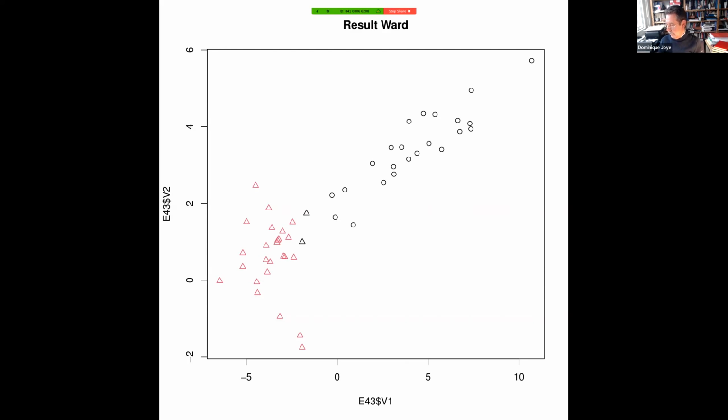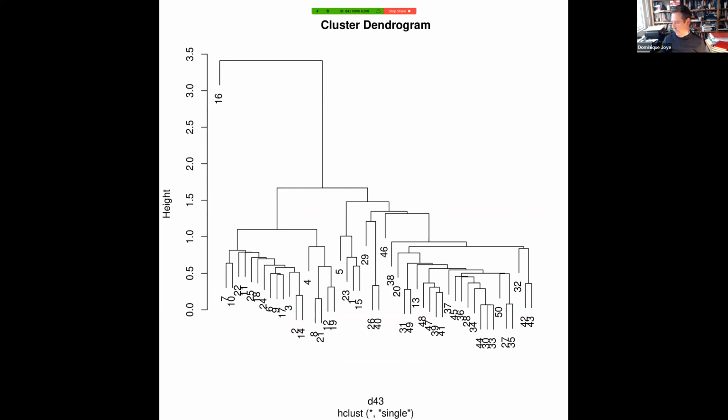But as the groups are close, we can suspect that the single linkage, the minimum method, will not be so good in order to have a solution. And you see effectively that you do not have a good discrimination between the black and the red in such a case.